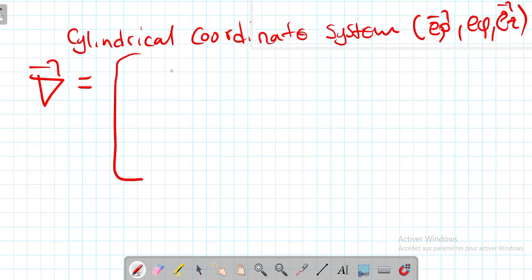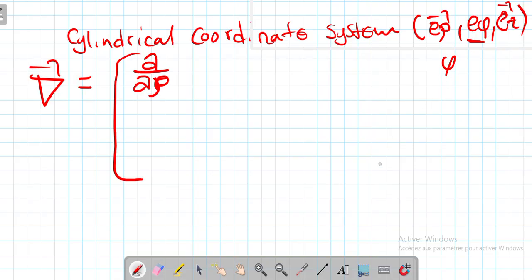So here we have the partial derivative with respect to rho, because the first part is e rho, and if you look at the coordinate system, rho is a radius associated with e rho. Then the second component is e phi. Phi is the angle, so when you find partial derivatives you must convert that phi.